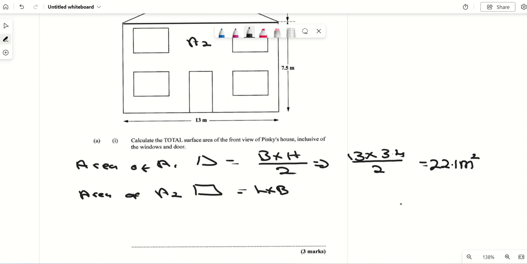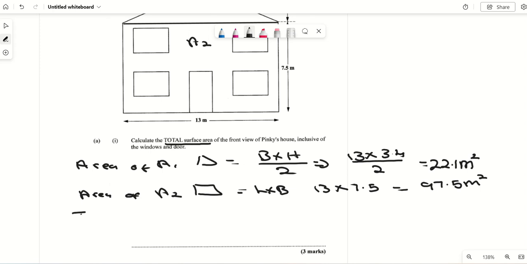Your length is always the longer side, it's 13 multiplied by width or breadth is 7.5. Use a calculator. When you multiply this, you're going to get 97.5 meters squared.